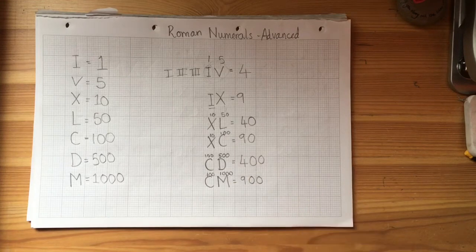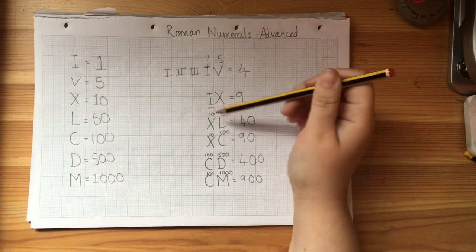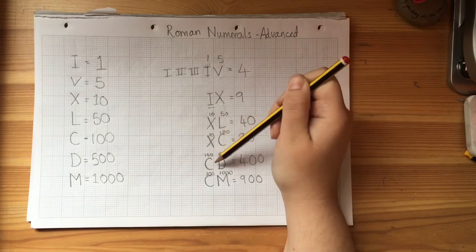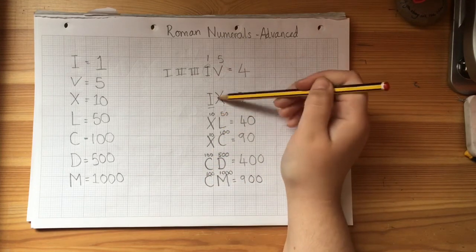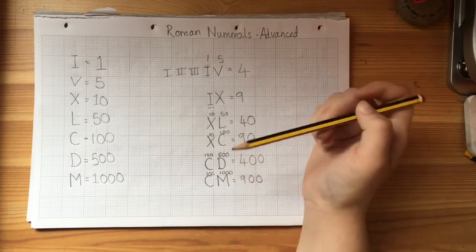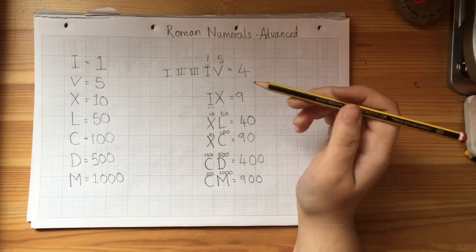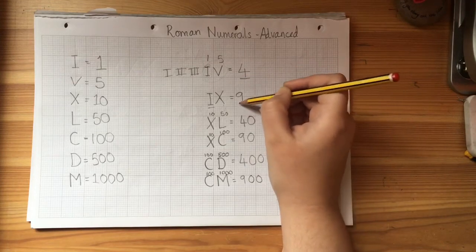So, in Roman numerals, if your smaller numeral comes first, so if your smaller number, so I or X or C, comes before your big numbers, that means it's just about to change. But they only do this when it gets to something that starts with a 4 or a 9.